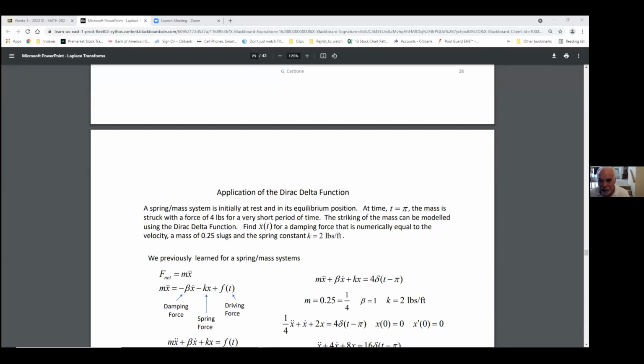I want to go back to my paper. Okay, I just wrote down the information, so now I want to solve this problem. Let's see what happened.